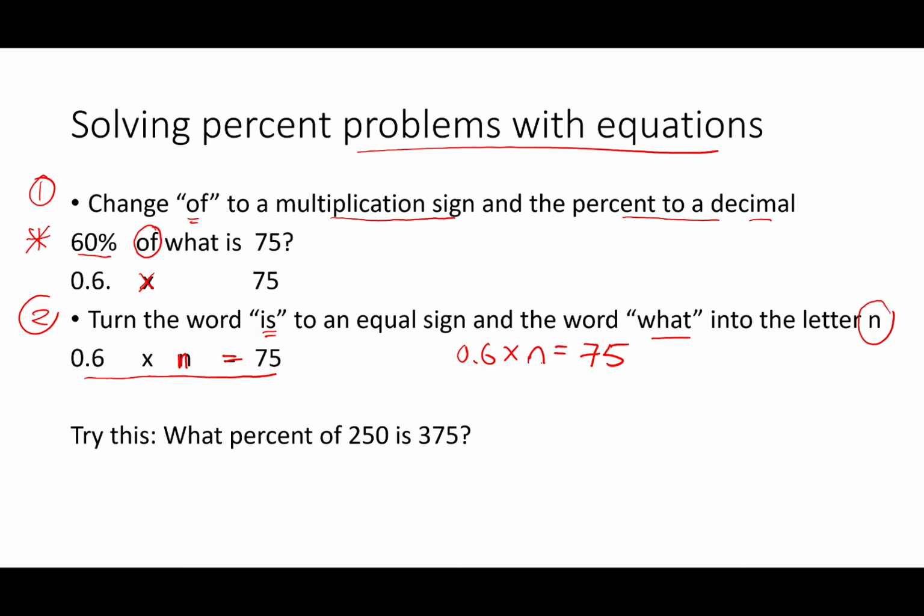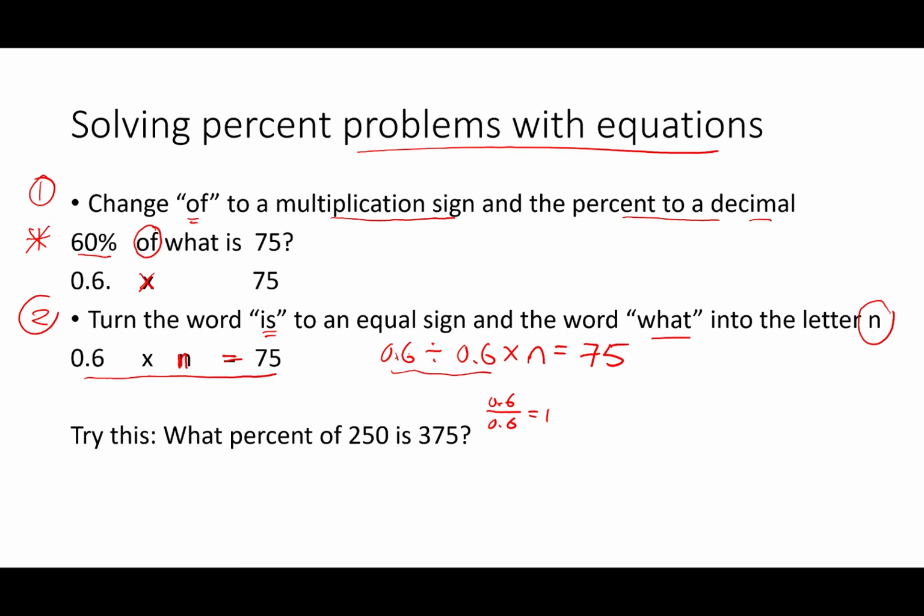Now the task is to find n. You can find n if you divide both sides by 0.6. Why do we want to do that? 0.6 divided by 0.6 gives us 1, so we get rid of this multiplication sign.